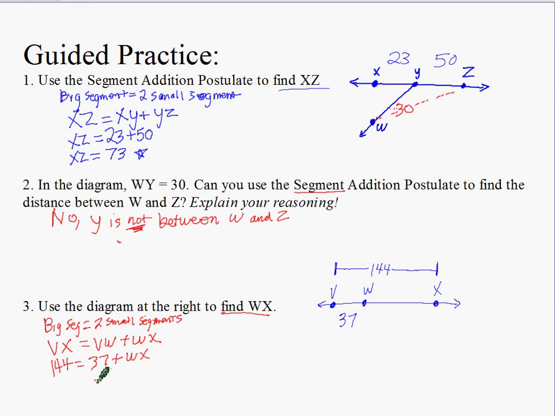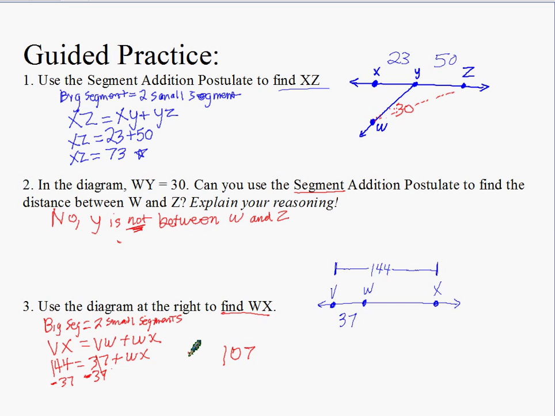This is Algebra 1, people. We have a positive 37. We need to combine like terms, so we need to use inverse operations. We want to cancel this 37, get WX by itself, and when we use inverse operations, we have to go on both sides of the equal sign. So once I have 144 minus 37, we have 107.